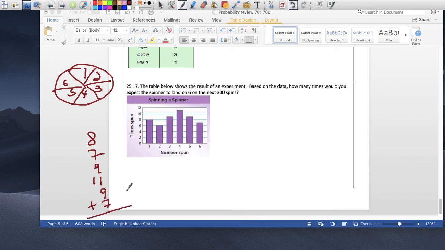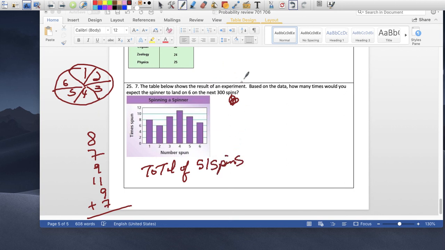So let's add this, and that tells me how many times: 8 plus 6 plus 9 plus 11 plus 9 plus 7. So 50 spins. There were a total of 50 spins.